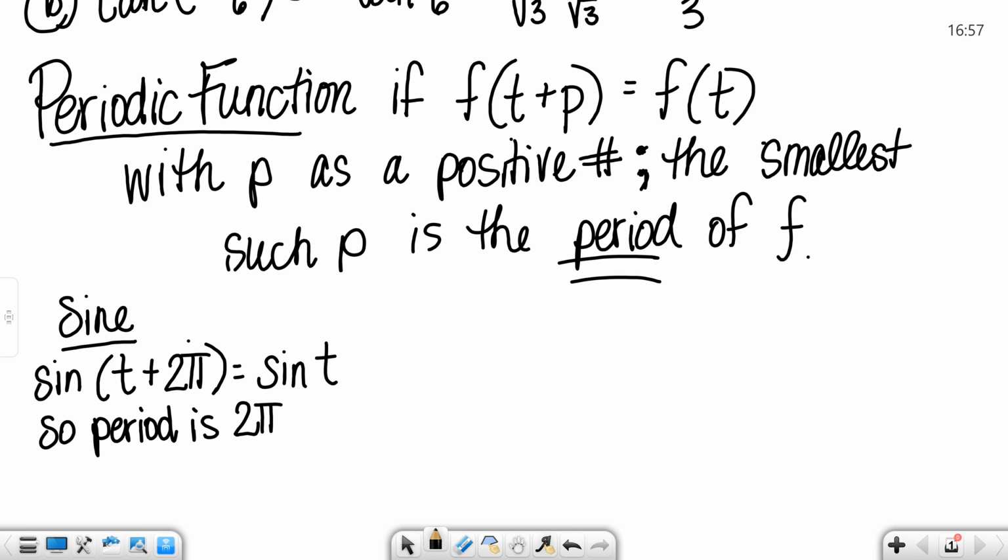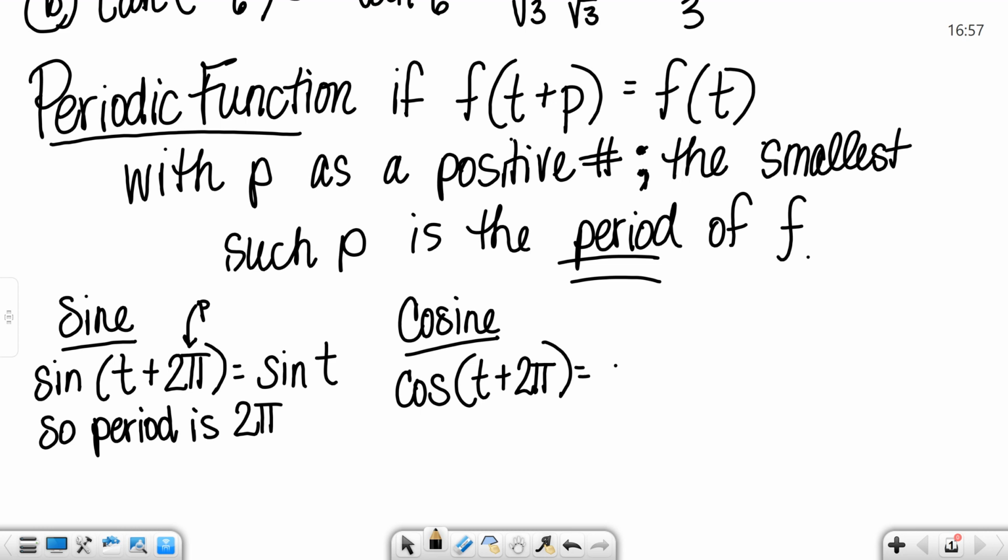Okay, because our p value is 2 pi. So our period is 2 pi. For cosine, guess what? It's the same thing. So that's good news. So the period of a cosine function is also 2 pi.